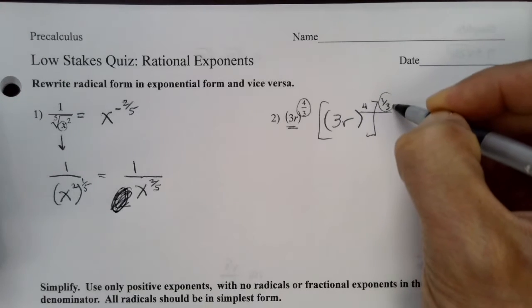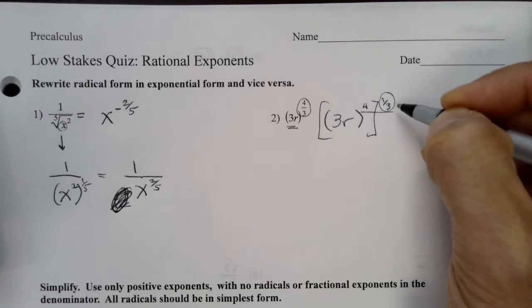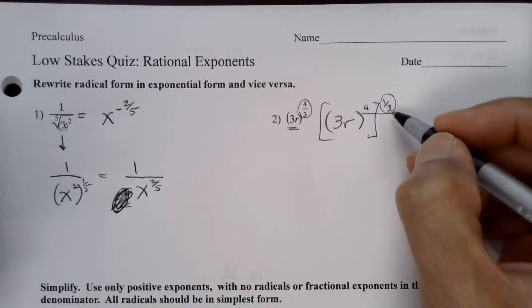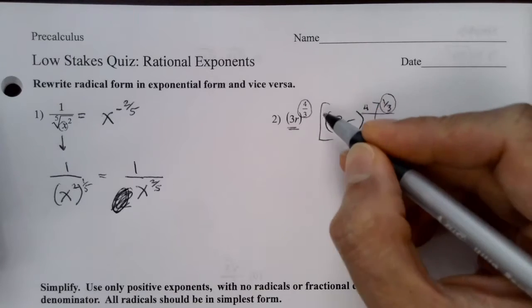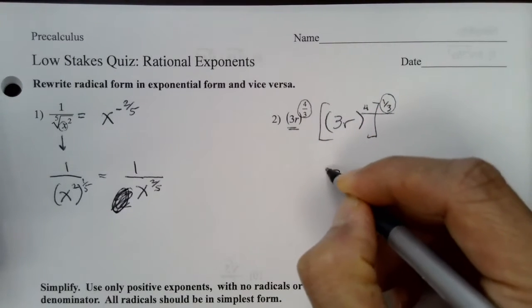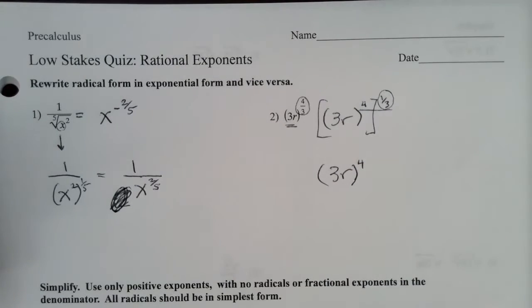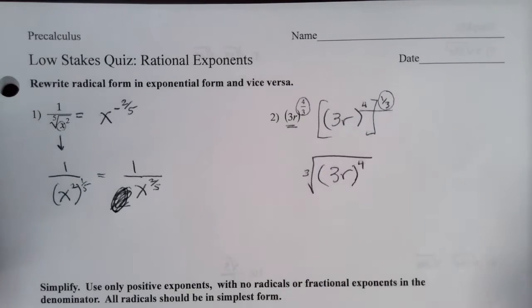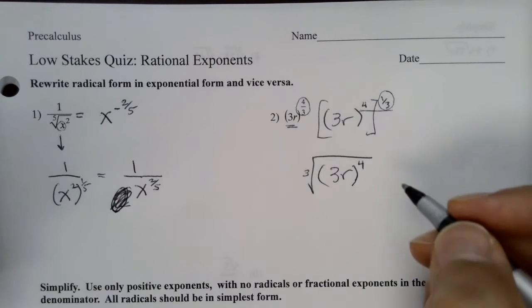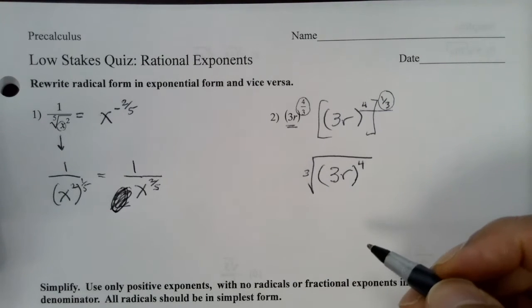Alright, so the 1/3 indicates that I have a cube root, right? Fraction exponents are roots. So I have the cube root of this thing in here, so 3r, the whole thing to the 4th, right? Not just r, but also the 3, and the cube root of all that. Alright, you could multiply the 3 to the 4th out to be 81.